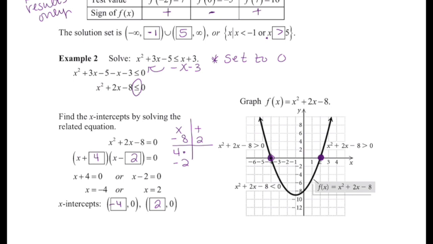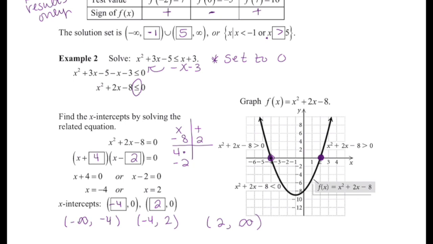My intervals are from negative infinity to negative 4, between negative 4 and 2, and between 2 and infinity.